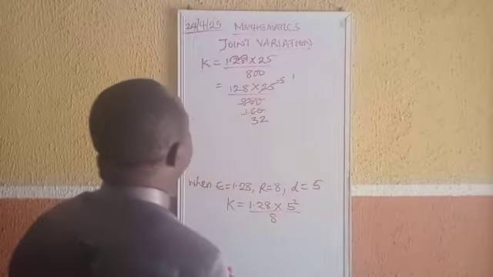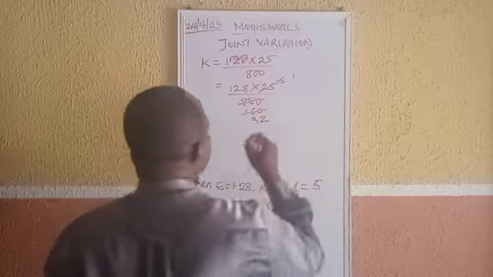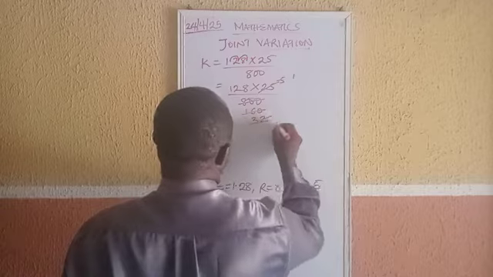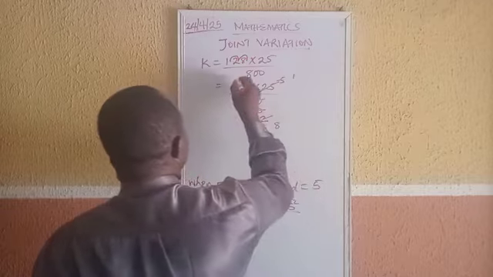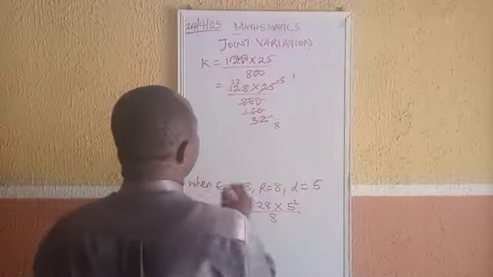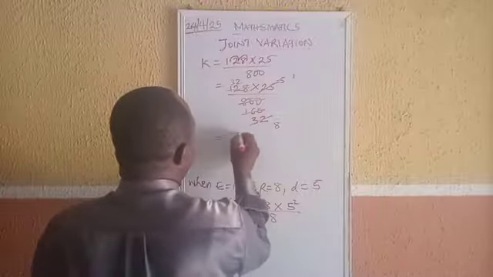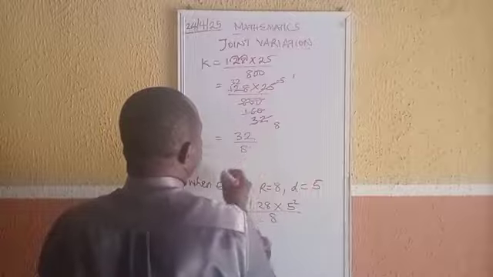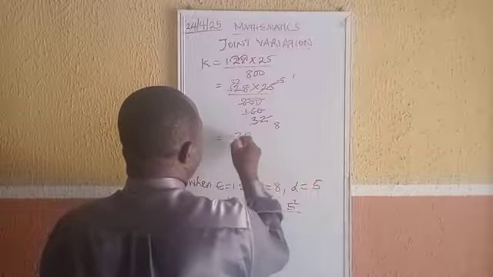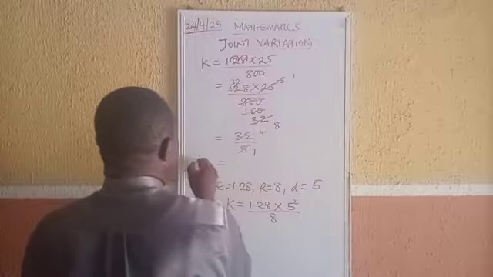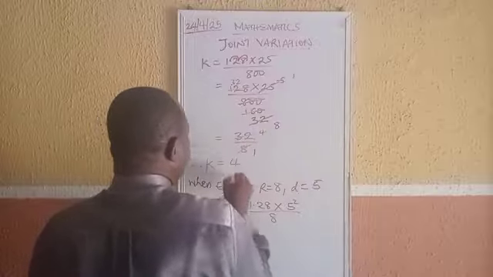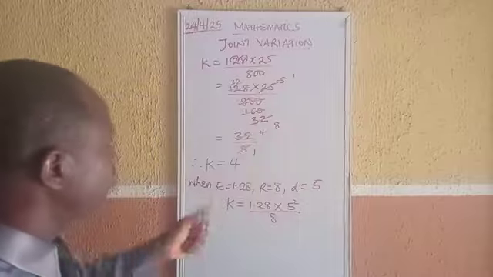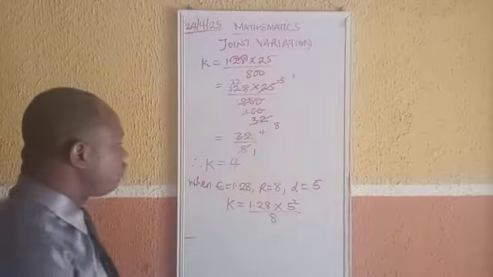Then we have 4 here is 8, 4 here is 32. We now have 32 over 8. 8 here 1, 8 here is 4. So therefore our value for K is 4.